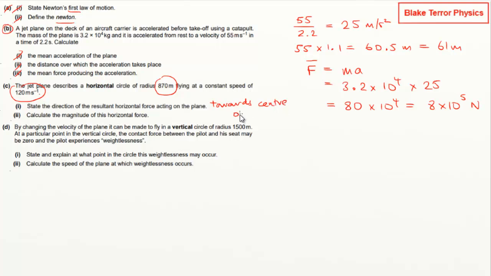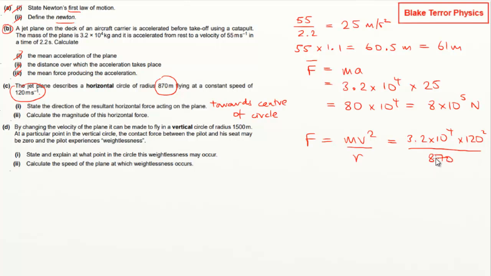Calculate the magnitude of this horizontal force. Again, we're doing F equals ma, but now we know it's for a circle, so it will be mv squared over r. m is 3.2 times 10 to the 4, multiplied by v squared, 120 squared, divided by 870.